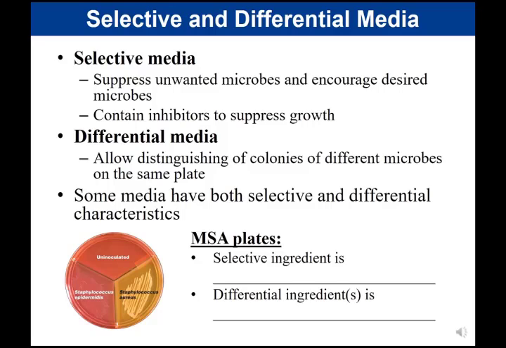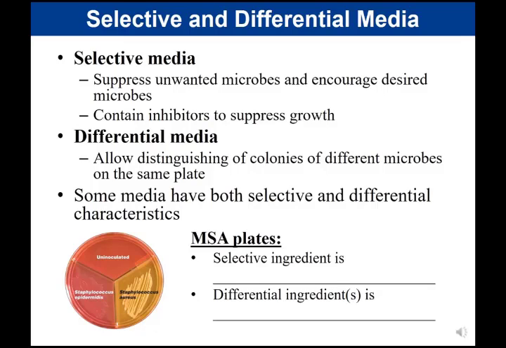So to continue on about types of media, the next two types of media are media that you're going to see a lot at the end of the semester when talking about lab. The last two main types of media that we'll talk about are selective media and differential media. Selective media, like the name suggests, selects for the growth of some microbes while inhibiting the growth of others.